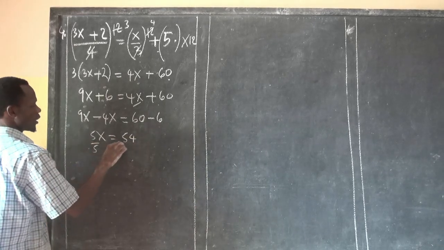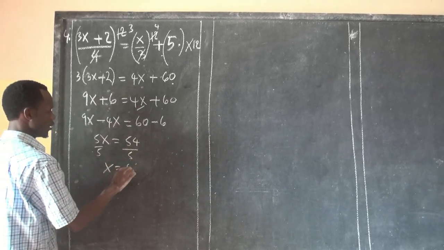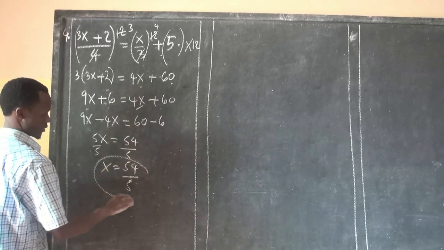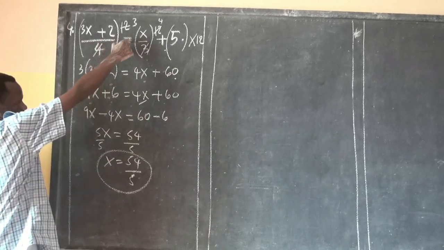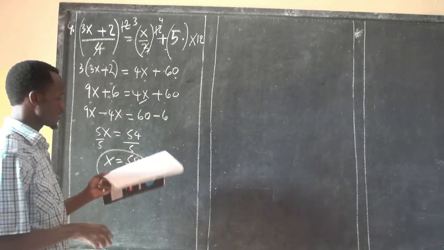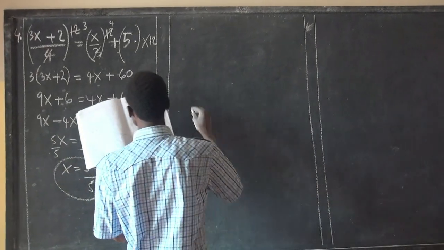Divide by 5. Now x is equal to 54 over 5. This is the value of x. For all in all, you have to multiply by the LCM of the denominator, so as you can get the equations which have got no fractions.